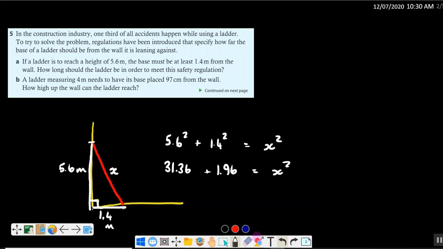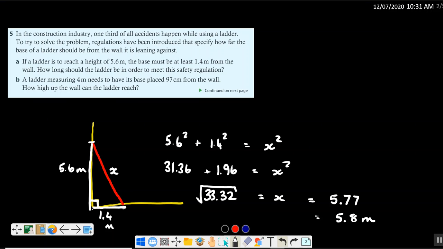So we add that together, we get 33.32, and we take the square root of that to give us x, and you end up with 5.77. So if we round it correctly, then we should have 5.8 meters. Make sense? Understand? Good? Okay.